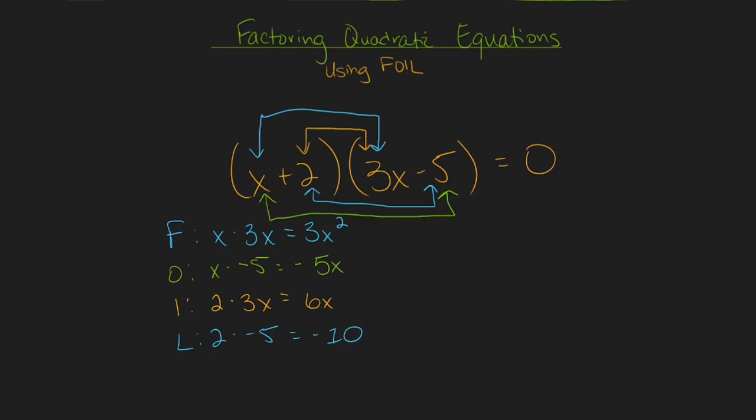Something interesting to note with the FOIL method is that the only part of this responsible for creating the largest part of your original equation, the leading term, is the firsts. So firsts alone creates the leading term.